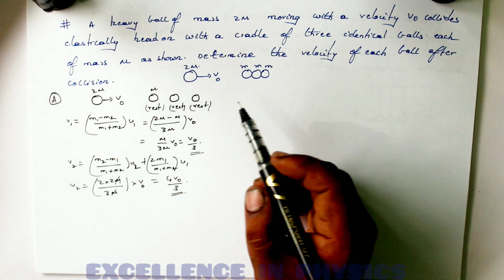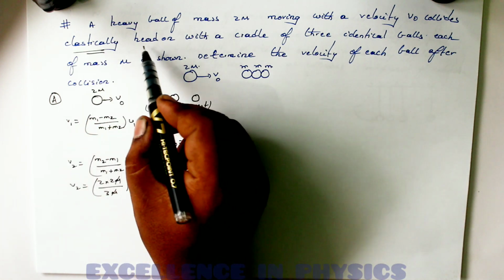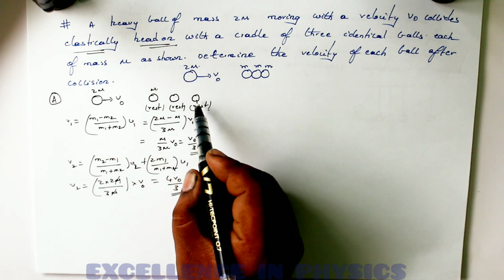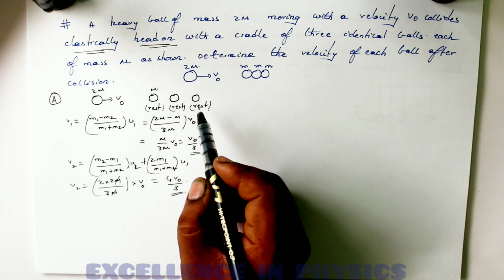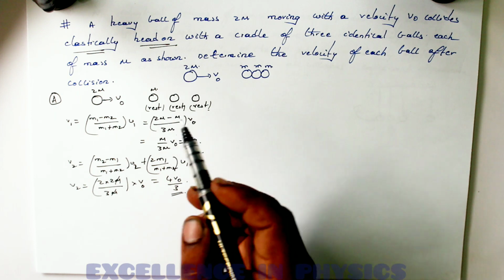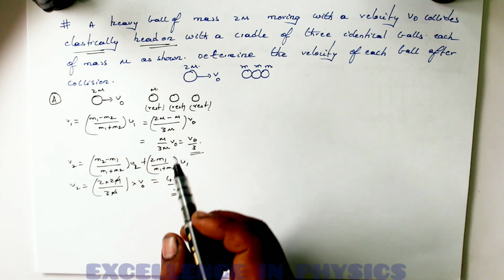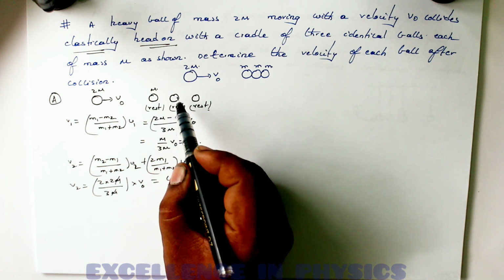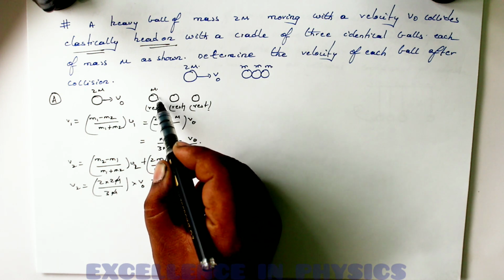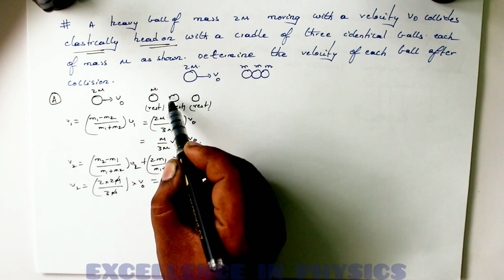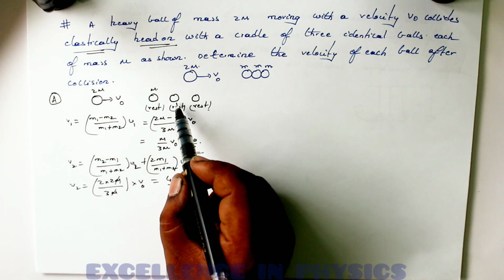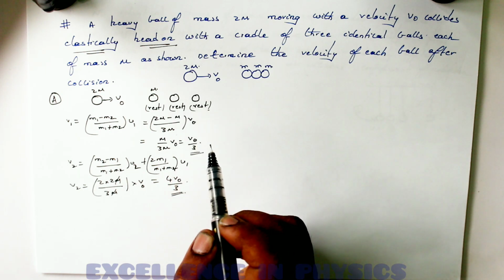And here it is given that all these collisions are elastic and head-on. So in an elastic collision, if masses are equal, what will happen? This ball, traveling with a velocity of 4v0 by 3, gives its velocity to the second ball and the velocity of the first ball will become 0. Similarly, this ball traveling with a velocity of 4v0 by 3 will give its velocity to the third ball and come to rest.